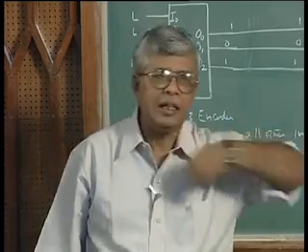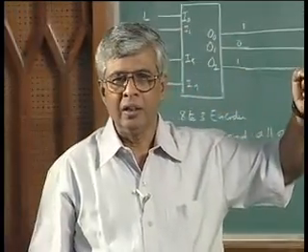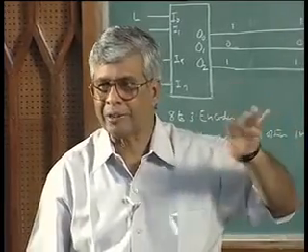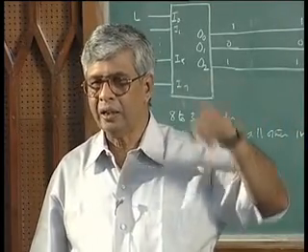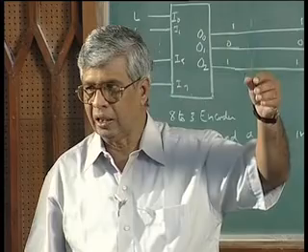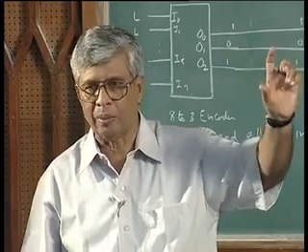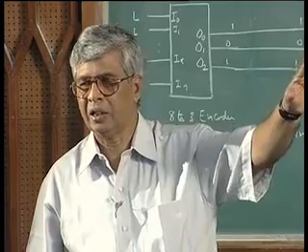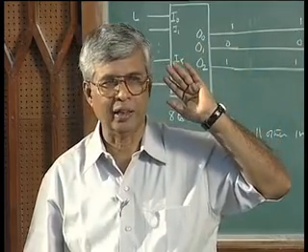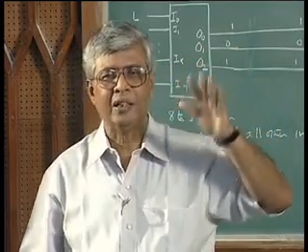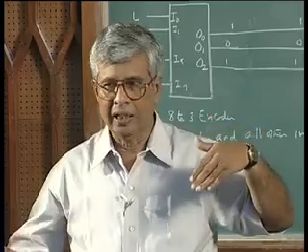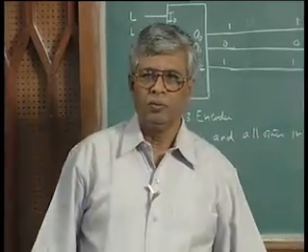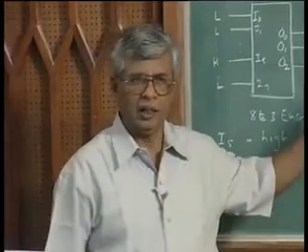So instead of running 8 lines and finding out which is active high, I can send 3 lines with coded information, and then at the receiving end decode the 3 bits to find out which input exactly was high at the sending side. This is data compression. Instead of running 8 lines, because of the length requirement, we can do it with 3 bits. 3 lines will do the job.